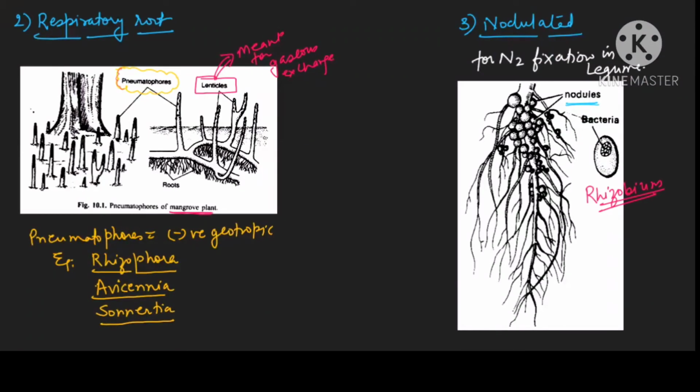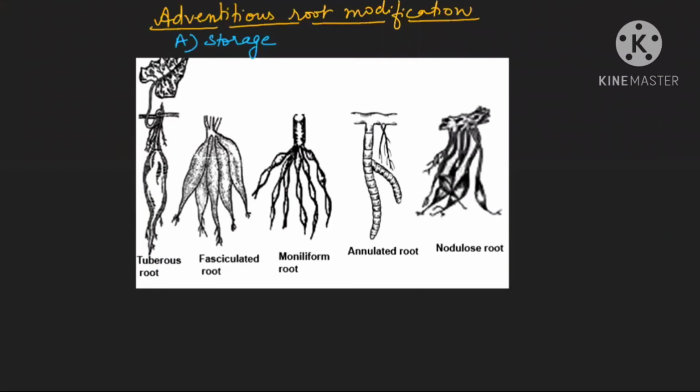Now let us discuss the modification of the adventitious roots. Now see, adventitious root modifications are also doing the work of storage. Now if you see the first diagram, this is a tuberous root, okay? And the example of this tuberous root is your sweet potato. If you see here, it is coming singly, with no proper shape.